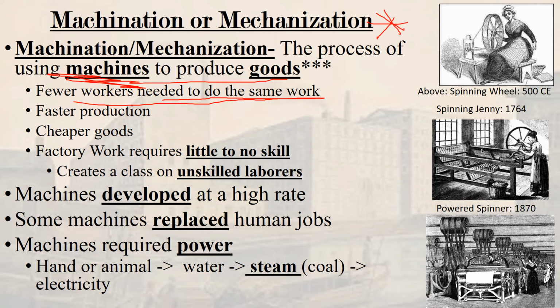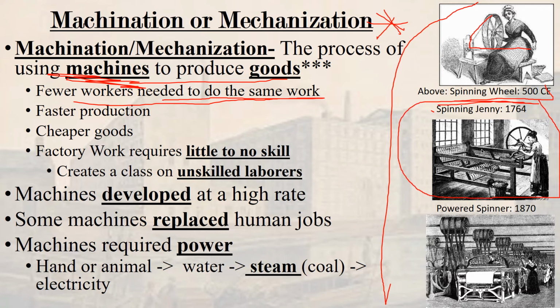And we have this phenomenal example right here. You have the spinning wheel. The spinning wheel was invented, we think, around 500 CE and was basically unchanged for almost 2,000 years. And then all of a sudden, you have a woman, and she is spinning one thread at a time. In Great Britain, they invent this thing called the spinning jenny in 1764.